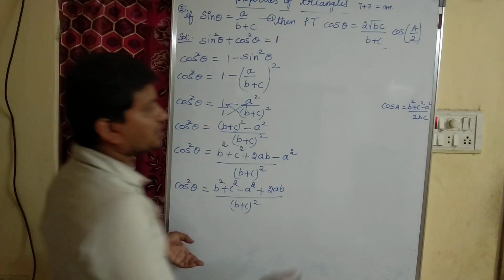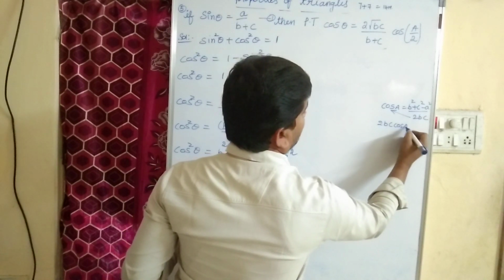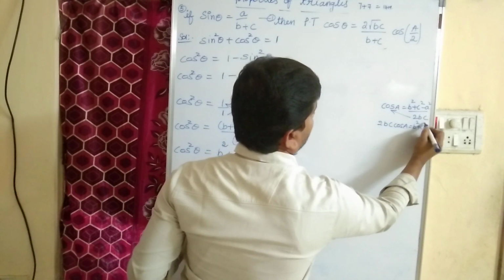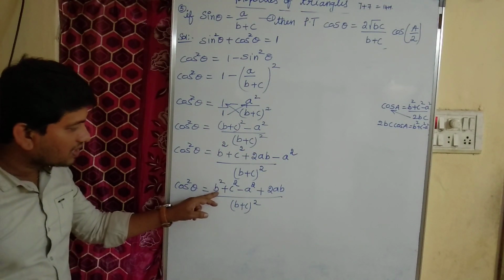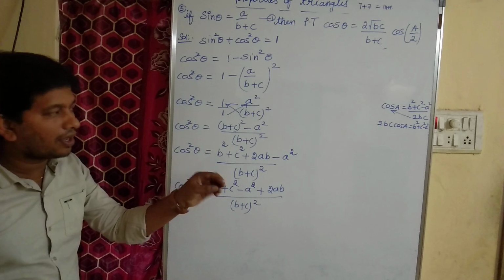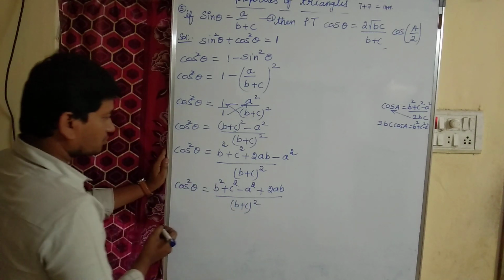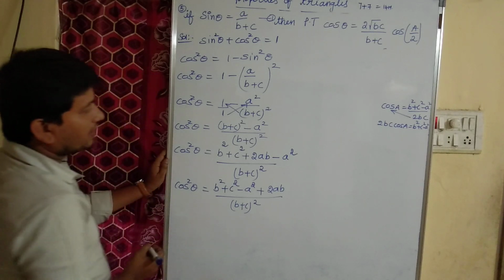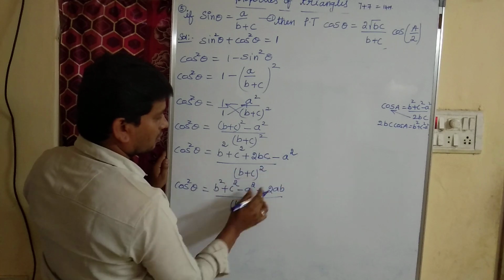Again cross multiplication. So 2bc cos A equal to b square plus c square minus a square. In place of b square plus c square minus a square, I need to write 2bc cos A, right? And 2bc I wrote here.